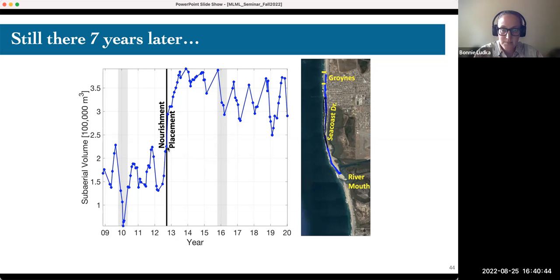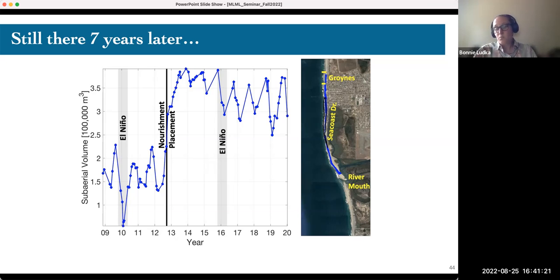So this black vertical line is showing when the nourishment placement occurred, and you can see a jump in the time series, a jump in that sand volume after placement. And I've also labeled in gray here the El Nino winters, which is when, as you all probably know, we have repeated energetic storms that tend to erode the beach, but the sand levels remained quite high. The volumes remained high even after the 2015-16 El Nino on this stretch of coast.